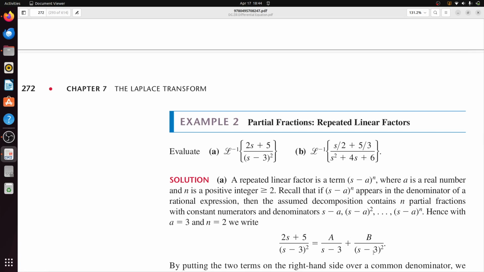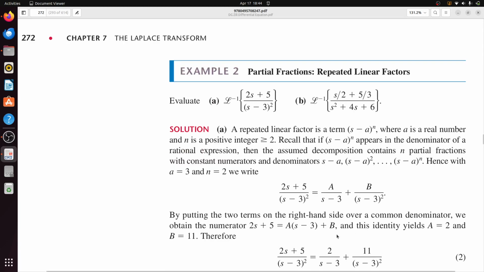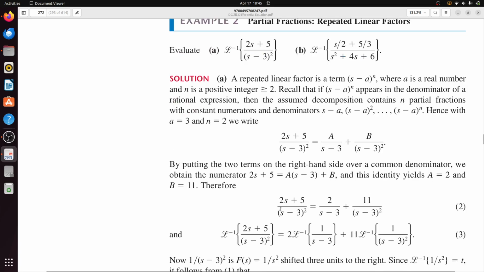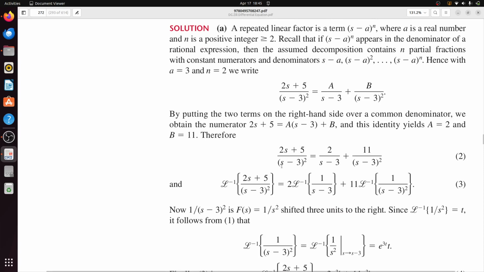Multiplying with (s minus 3) whole square and putting the two terms over a common denominator, you obtain that 2s plus 5 is equal to A into (s minus 3) plus B, and this identity yields A equal to 2 and B equal to 11. Therefore you can write (2s plus 5) by (s minus 3) whole square equal to 2 by (s minus 3) plus 11 by (s minus 3) whole square.